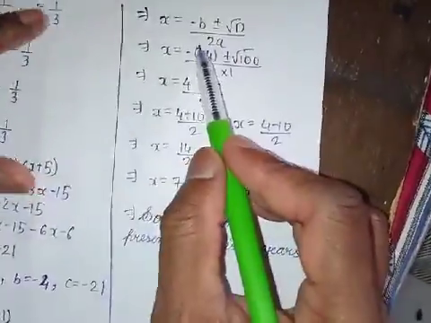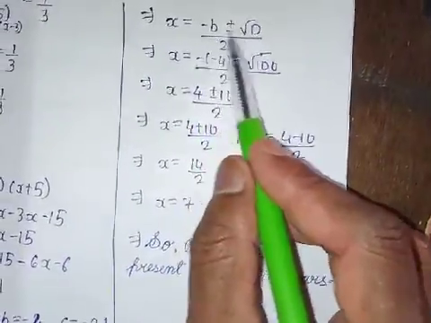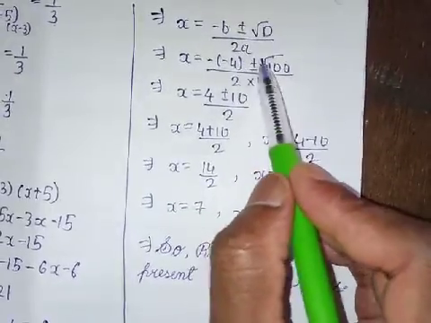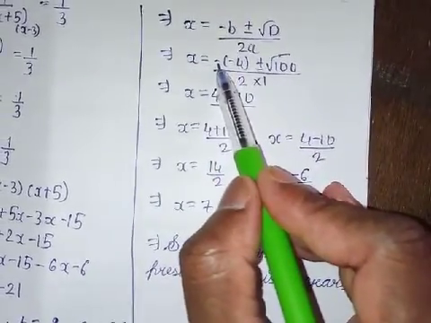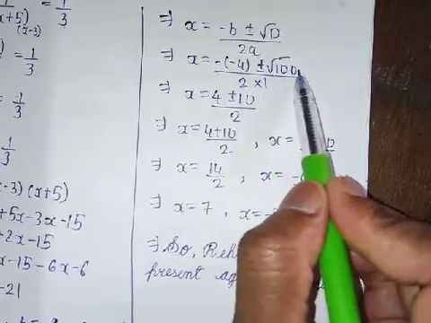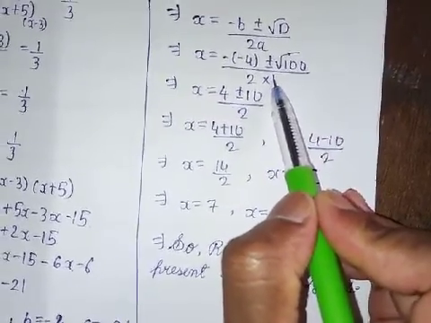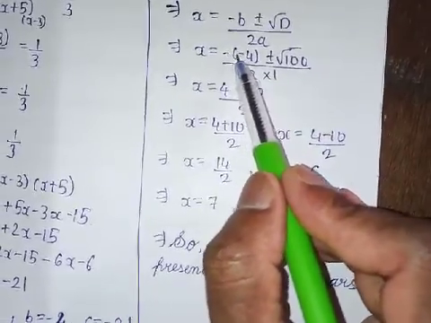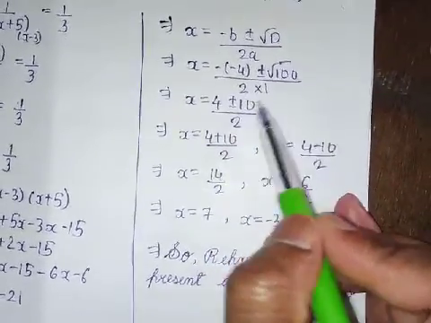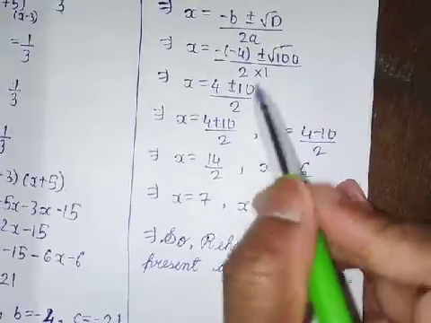So the x value you will get as x is equal to minus b plus minus root D upon 2a. So x is equal to 4 plus minus root 100 upon 2a, and 2a is 2.